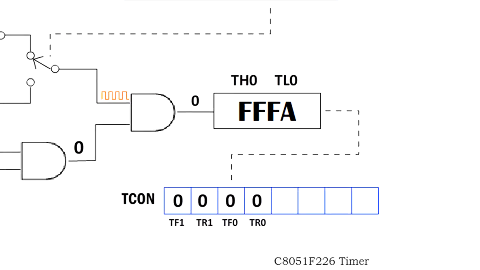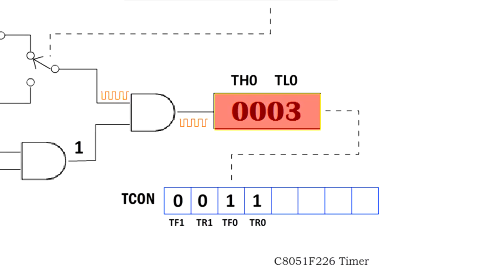Let's set the timer to FFFA. Run the timer. When the timer overflows, the timer 0 overflow flag is set. And this took 6.51 microseconds. The timer continues to run after the timer overflows.